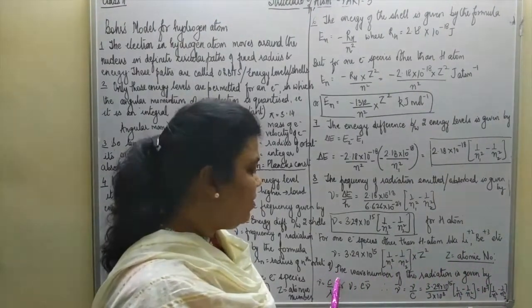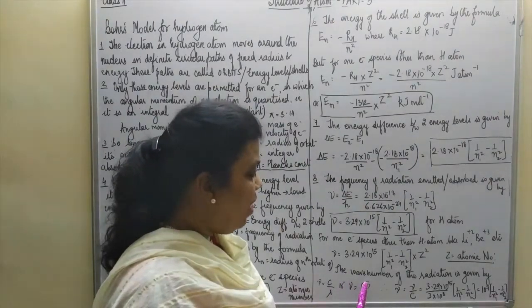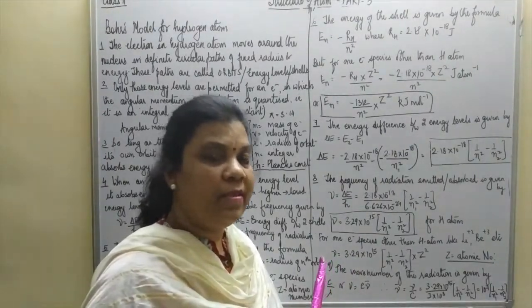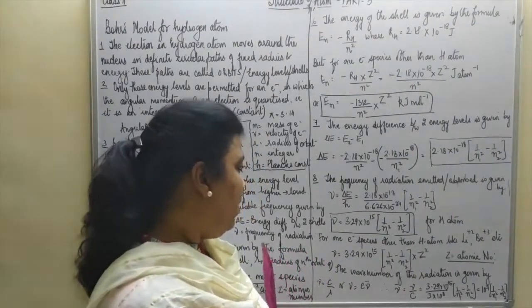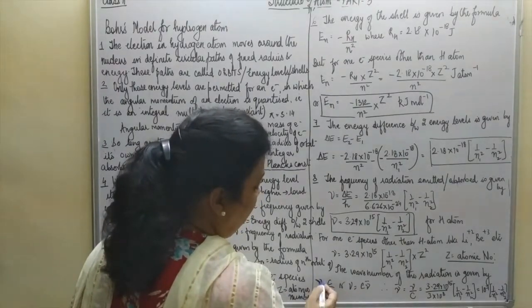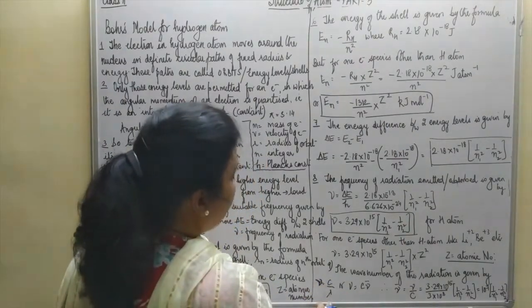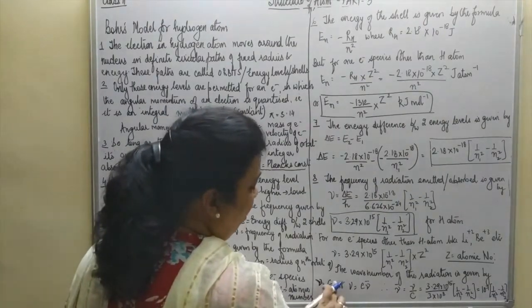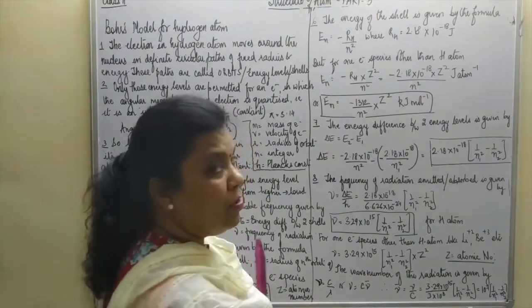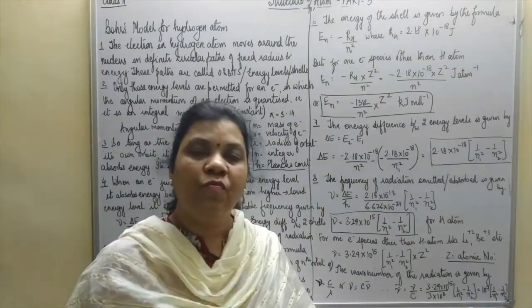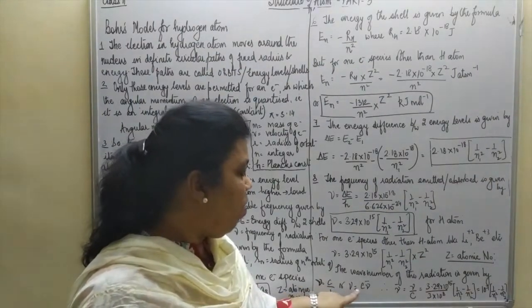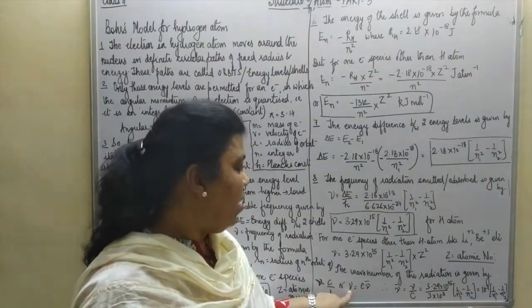And lastly, the wave number of the radiation is given by, what is wave number? It is the reciprocal of wavelength. We know that nu equals c by lambda. So if in place of 1 by lambda I substitute nu bar, because nu bar is equal to 1 upon lambda, then c into nu bar is the frequency.